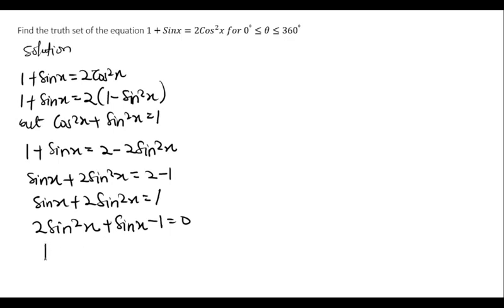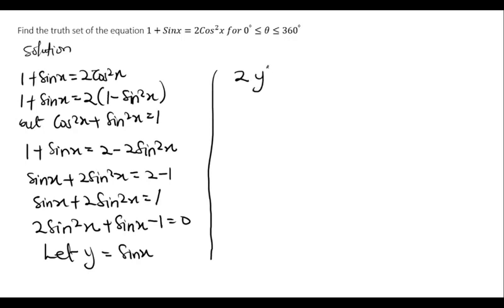So from here we said let y be equal to what, sine x for us, so that it will be easy for us to solve our work. So from here we have 2, and then we have what, y squared plus what, this will be y minus 1 is equal to 0. So all we need to do is to solve this to get our answer.